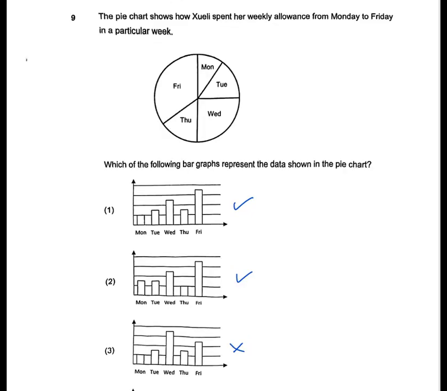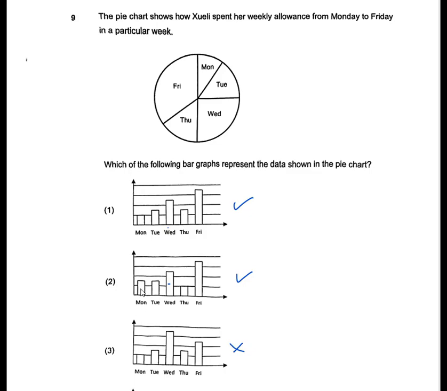Then Wednesday is the second highest money spent. So here, if you look at it, both of them have Wednesday to be the second highest money spent. Both of them qualify. Now, looking at it, Monday is the lowest amount of money spent, followed by Tuesday and Thursday. Now you look here, Monday, and then followed by Tuesday and Thursday, I guess.